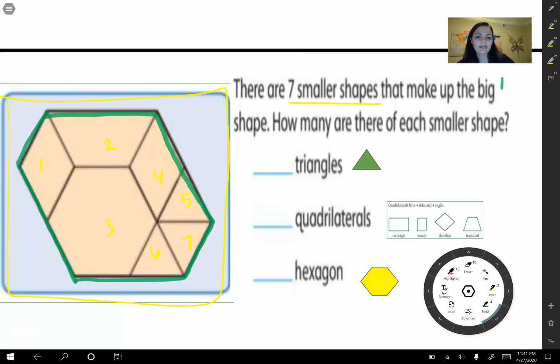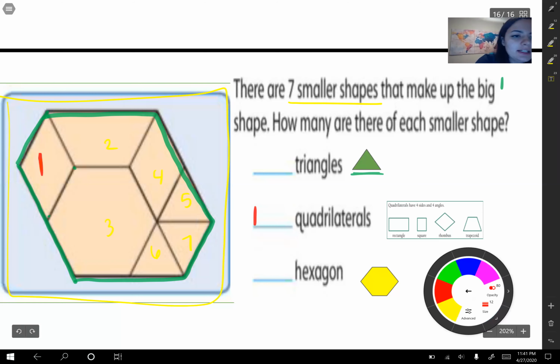How many are there of each smaller shape? So if we look at the shapes, we're going to look for all of the triangles. So we have how many sides here? 1, 2, 3, 4. That's not a triangle. That's going to be a quadrilateral. And you know what? Let's make a tally chart. Why not? So this is a quadrilateral.